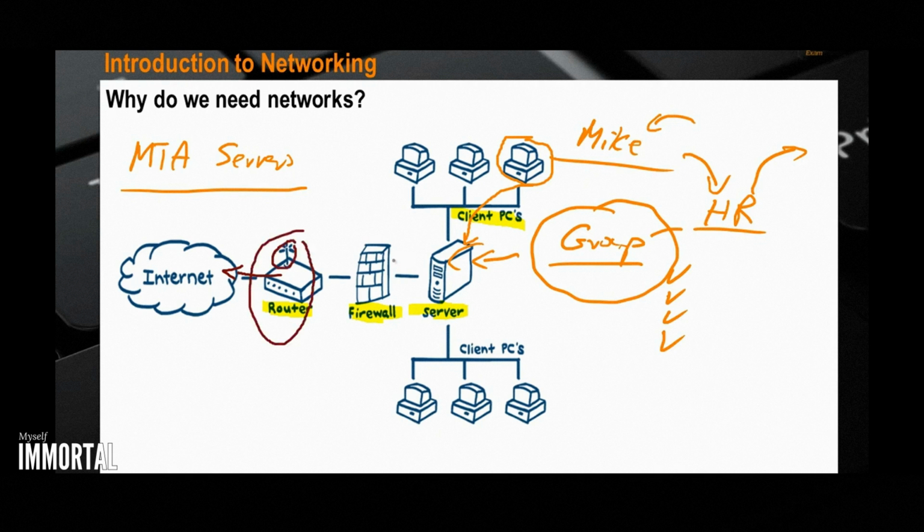You may say, I don't have any devices like that in my network, and it's still a network. Yes, it is. If you're at home, in 99% of cases you will have a firewall and a router in one box. It's one device. It's okay. A lot of even companies do that. What about a server?